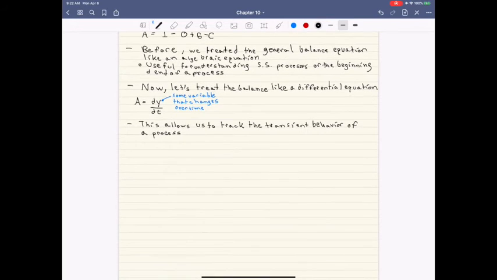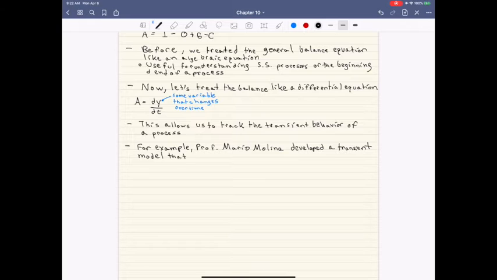Alright, to show you an example of how tracking the transient behavior of a process would be useful, I'm going to tell you a short story. And the story is going to center around a scientist named Mario Molina. And what Mario Molina did is he developed a transient model, so a model that tracks the concentration of something over time.